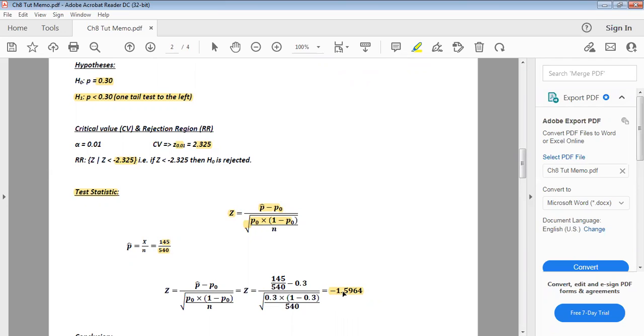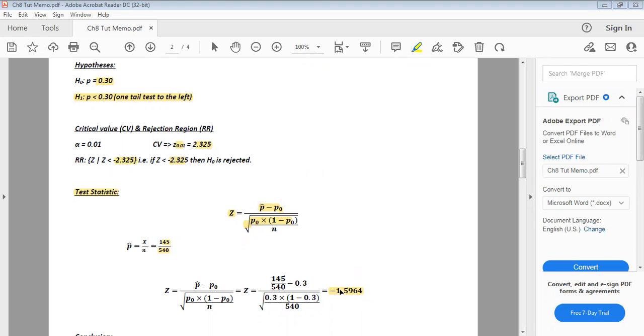So negative 0.5, you have to compare it to the critical value, the negative one. Is it greater or less? Then you make your decision. So what will be the decision? Anyone? Should we reject the null hypothesis? Okay, yeah, I can see on the chat it's saying reject, yes.